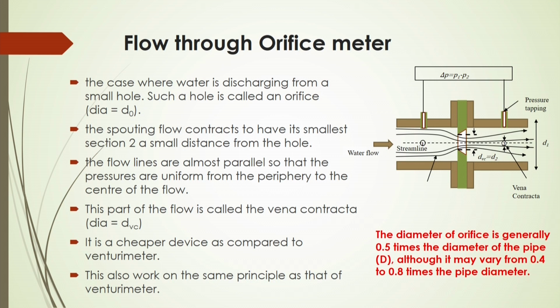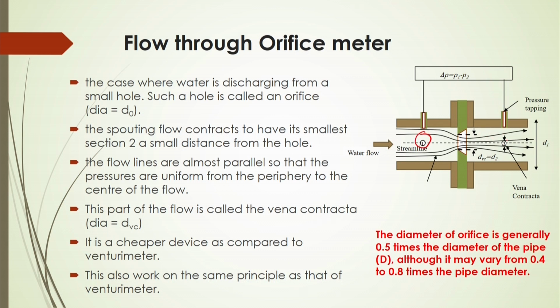Very interesting, the fluid will be passing through a small hole called an orifice, and then there will be spouting of the flow, and that spouting flow contracts to have its smallest section 2 as shown in the figure here, the section 1 here and section 2 here.